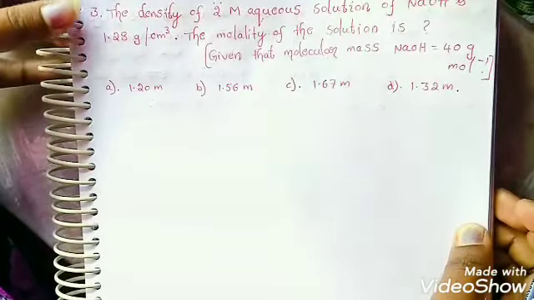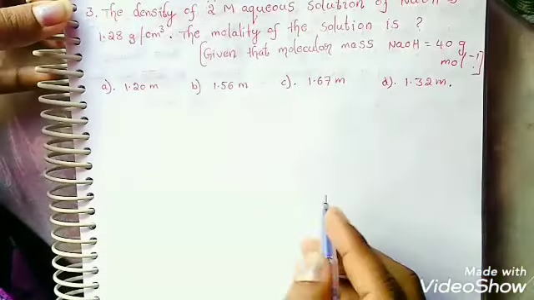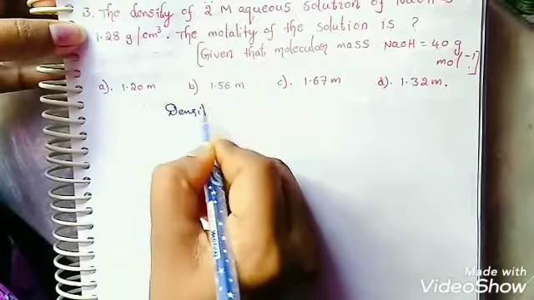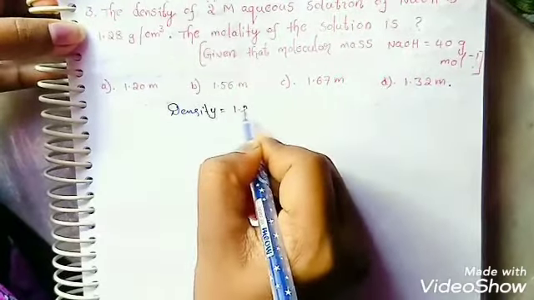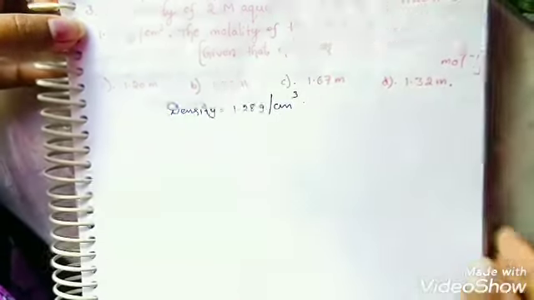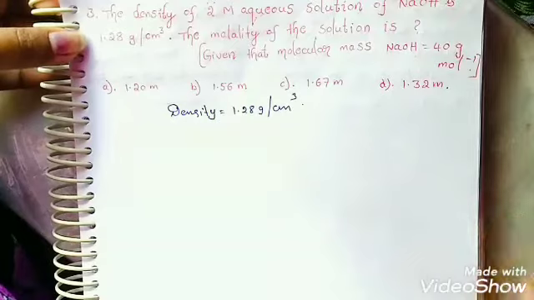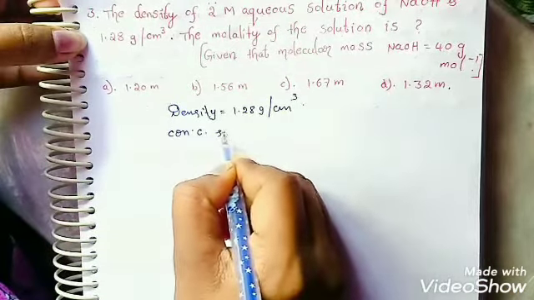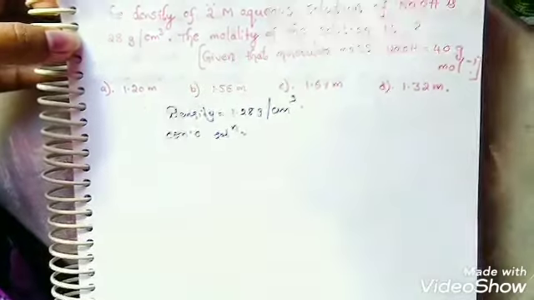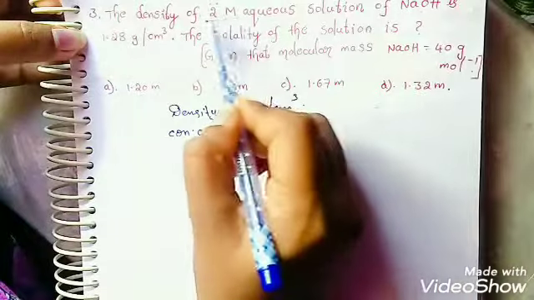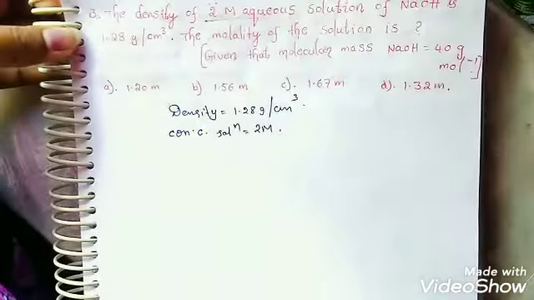See what they have given in the question, students. First, density: 1.28 gram per centimeter cube. Then they have given the concentration of the solution also, that is 2 molar.